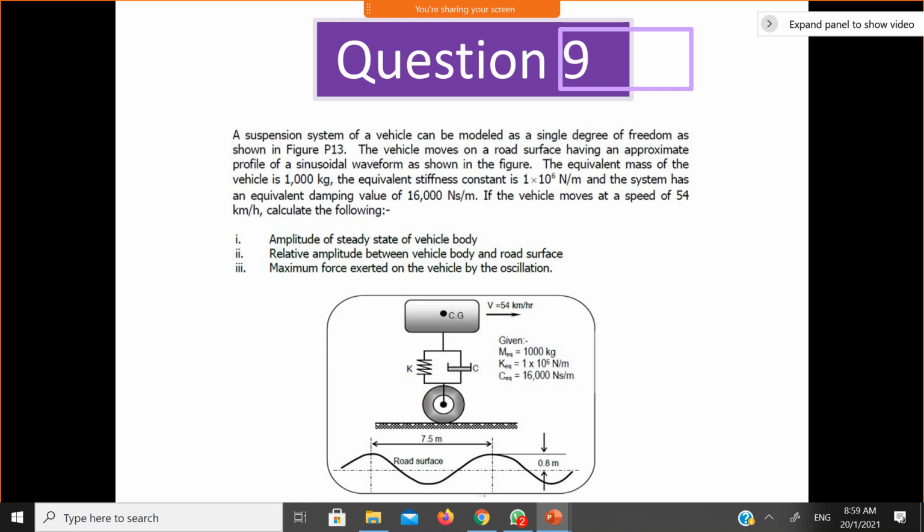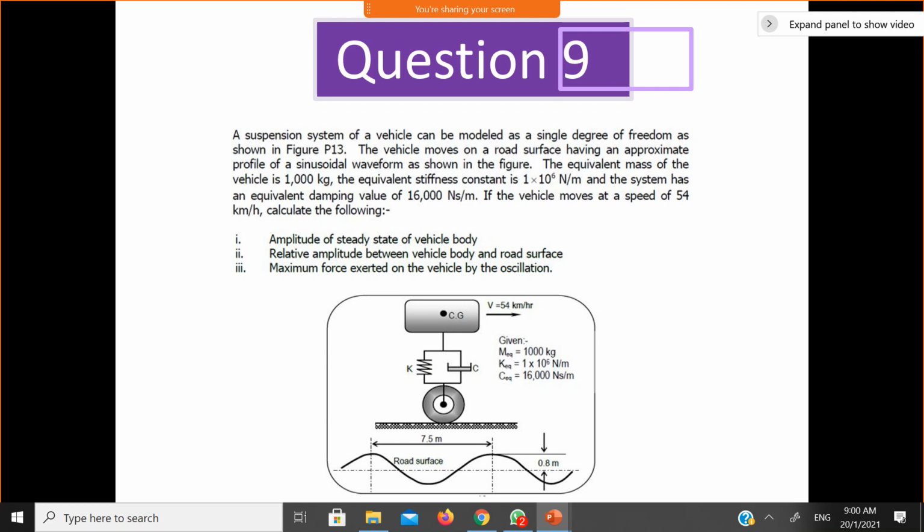The vehicle moves on a road surface having an approximate profile of sinusoidal waveform as shown in the figure. The equivalent mass of the vehicle is 1000 kg. The equivalent stiffness constant is 1 meganewton per meter, and the system has an equivalent damping value of 16,000 newton second per meter.